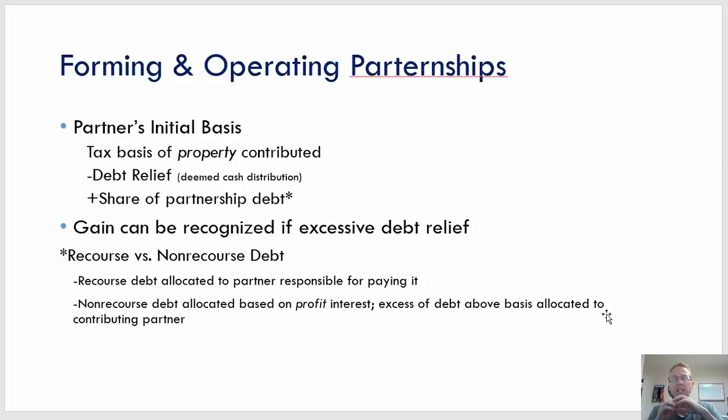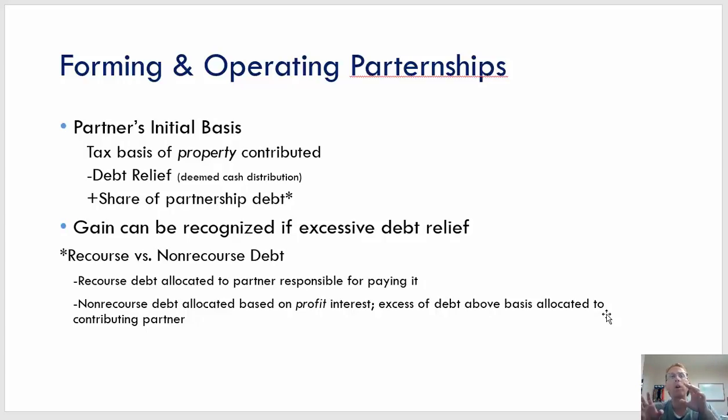Then in the second step, increase your basis by any operating income for that year, tax-exempt income included, capital gain income, that sort of thing. Then in the third step, you subtract from your basis the amount of cash distributions, property distributions, and deemed cash distributions, which would be where they take debt away from you, or your share of debt from the beginning of the year has gone down.